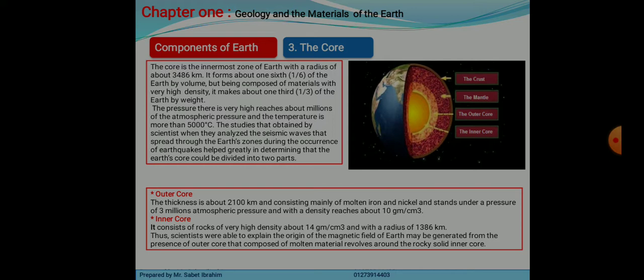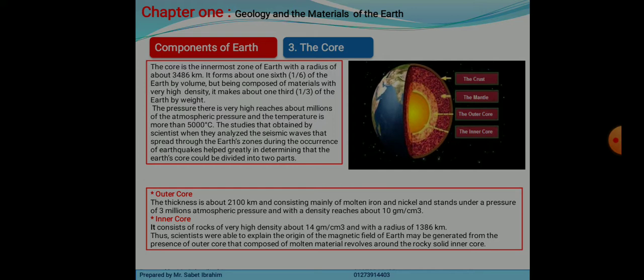The studies obtained by scientists when they analyzed the seismic waves that spread through the Earth's zones during earthquakes helped greatly in determining that the Earth's core could be divided into 2 parts as follows.